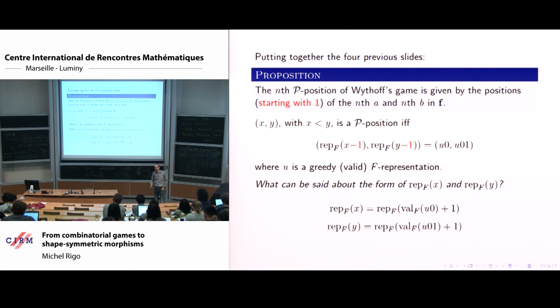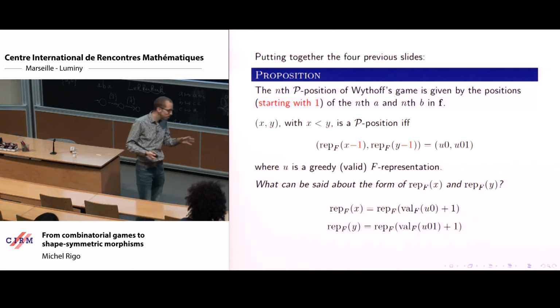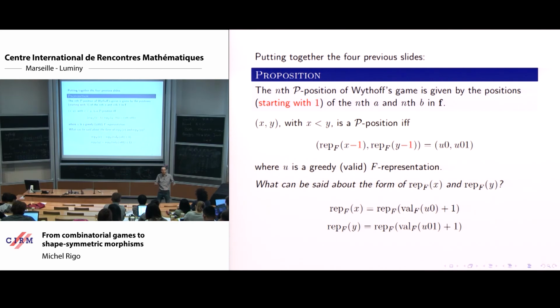But you will tell me, okay, I give you x and y, not x minus 1 and y minus 1. So can I do plus 1 more or less? And I do hope that we can all do plus 1. In theory, it would be a pity if no one could add 1, but it's not such an easy question because I have to add 1 not in the usual way, but using Fibonacci expansions.